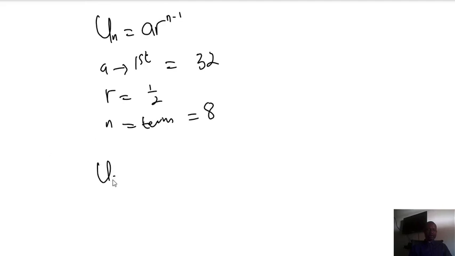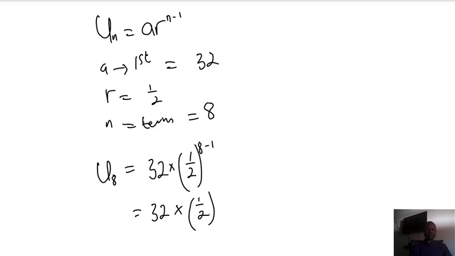So we have u8 equal, the first term is 32, so we have 32 times the common ratio 1 over 2 exponent 8 minus 1. So we have 32 times 1 over 2 exponent 7.